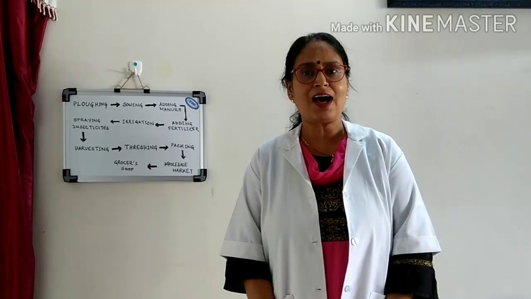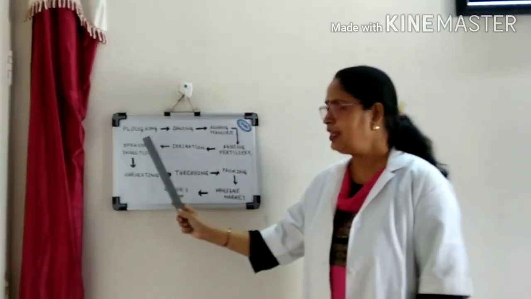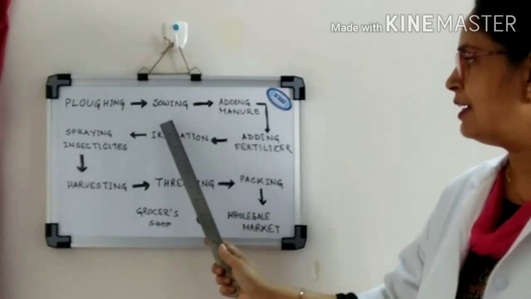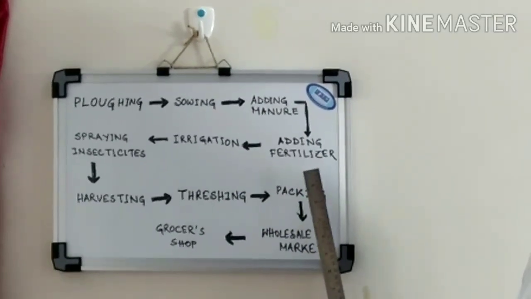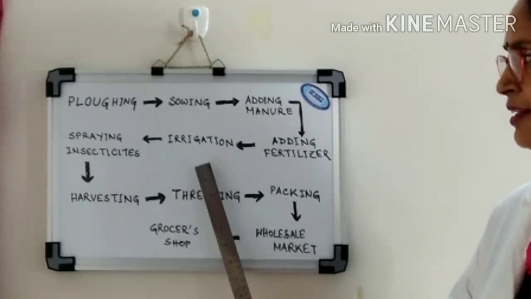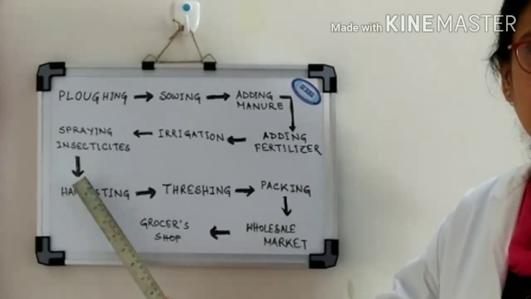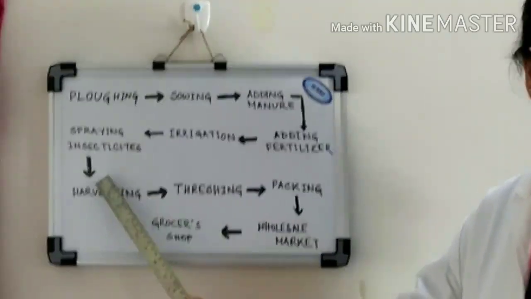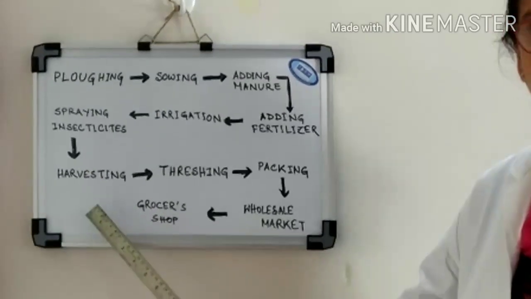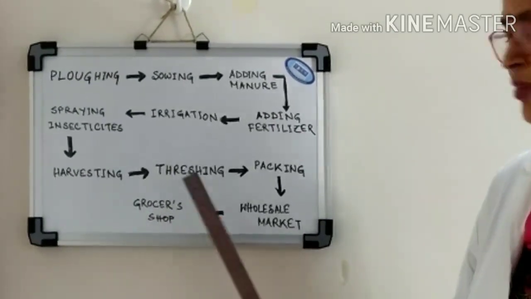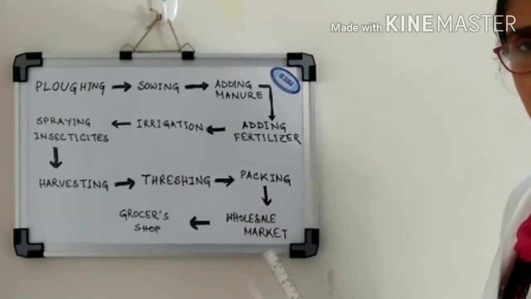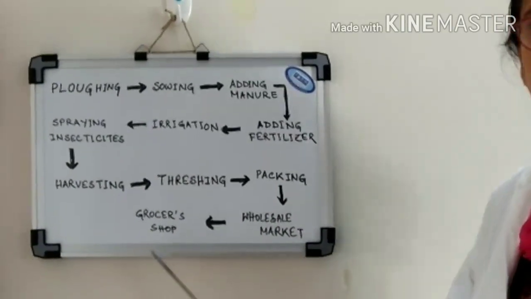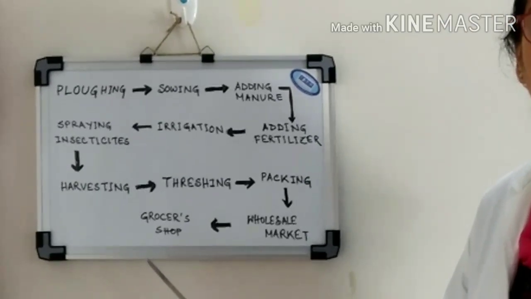The steps are plowing, sowing, adding manure, adding fertilizer, irrigation, spraying insecticide and pesticides, harvesting, threshing, packing, wholesale market, and then comes to the grocer shop.